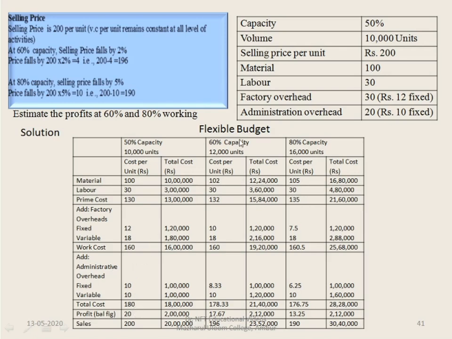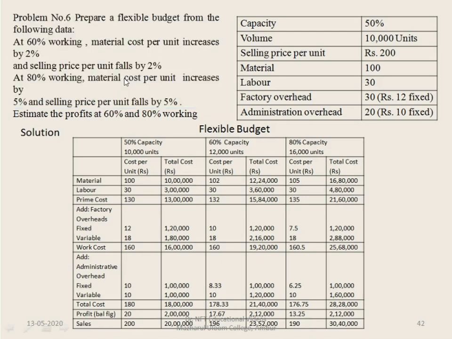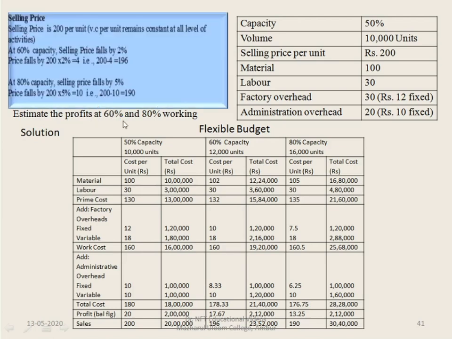Now regarding sales, the details relating to sales are given. In case of 60% capacity, the selling price per unit falls by 2%, and at 80% capacity, the selling price falls by 5%.